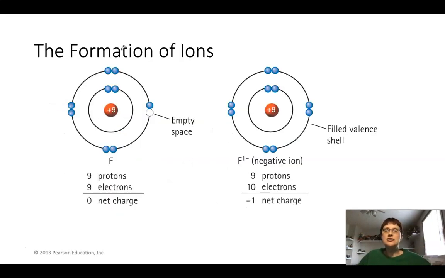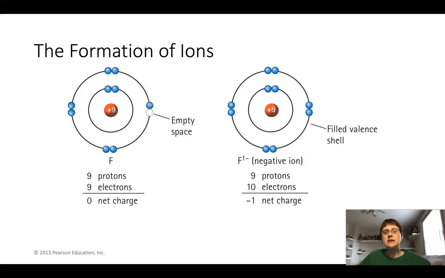Negative ion is just the opposite. Negative ions are formed when you get an atom that's just missing 1 or 2 electrons. So this guy has 7, it's fluorine, and it's going to need just 1 electron. It's easier for it to find an electron and add it in than it is to get rid of all 7 of these.